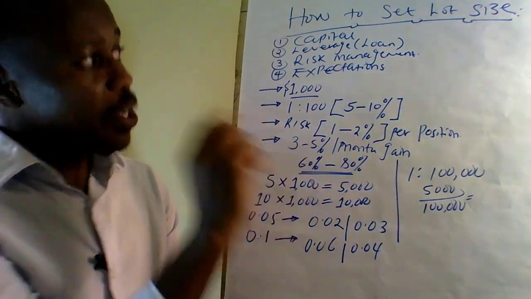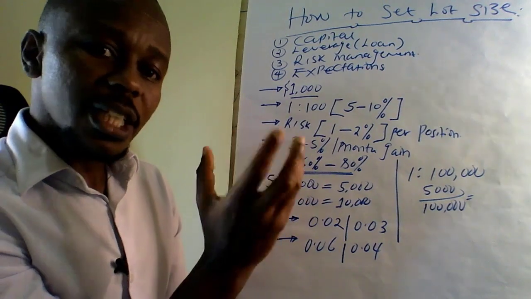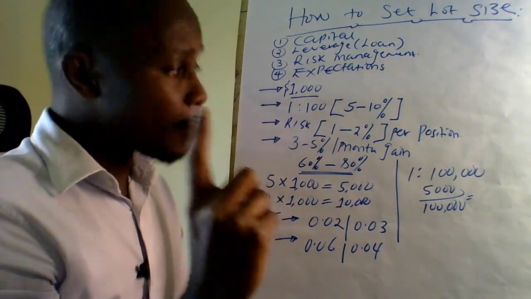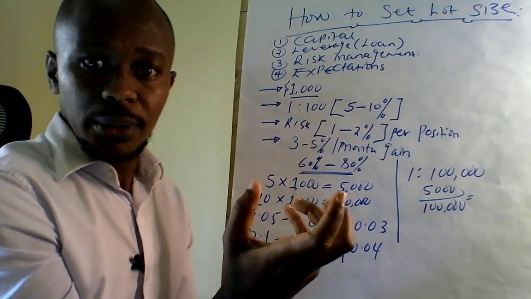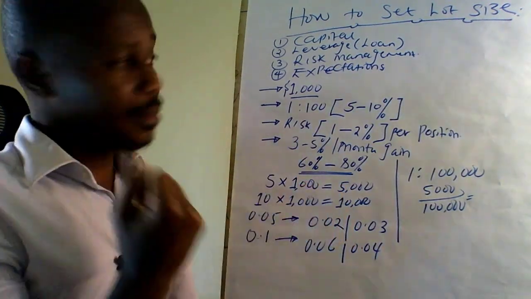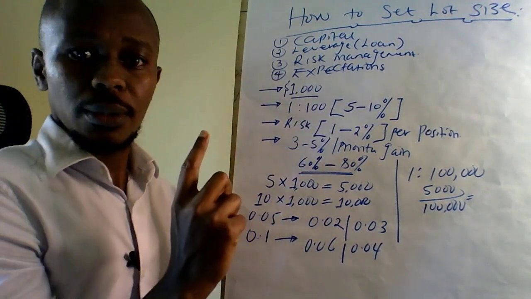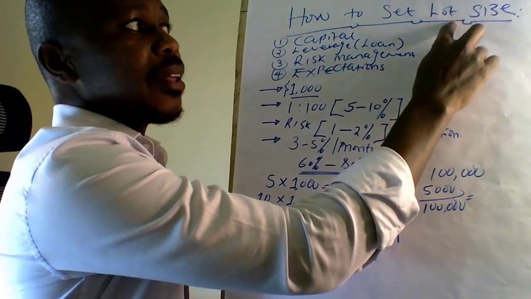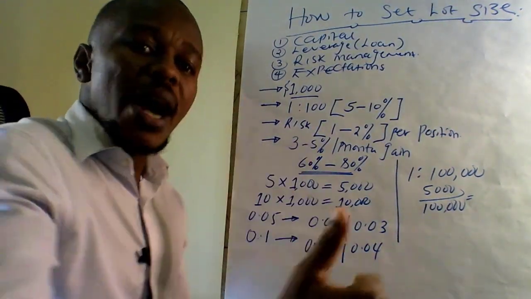But if your expectations are realistic, you are targeting 3 to 5% per month, which is achievable, and you are not risking anything more than 2% per position, then you will not blow this account because you're choosing the correct lot sizes. And you can be in the business over a long period.